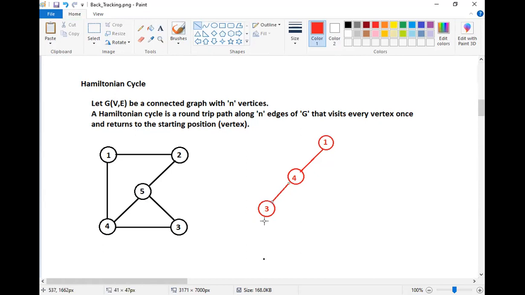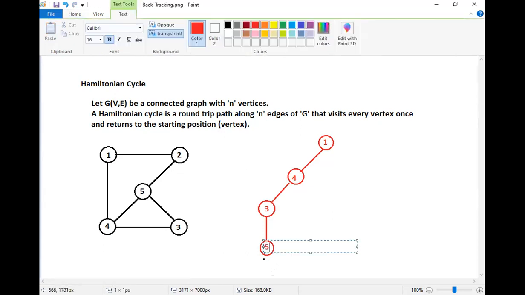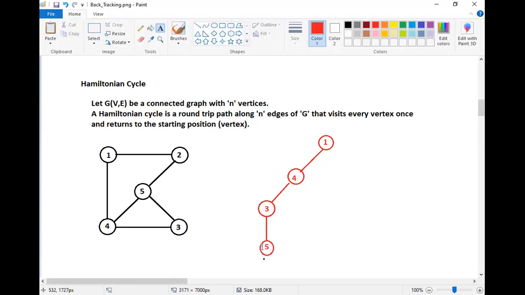Then from 3, where else can I go? There is only one path, right? Which is 3 to 5 itself. So I will draw a vertical line here, and let me draw a shape as well. What value should I write here? 5. From 5, what are the possibilities? Only 2. I can't go to 4.